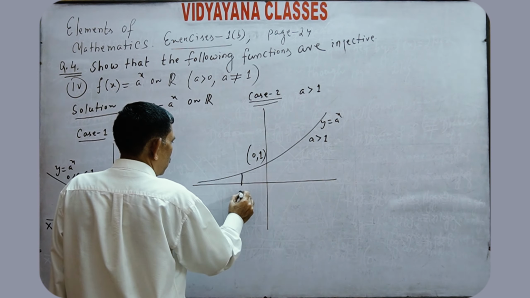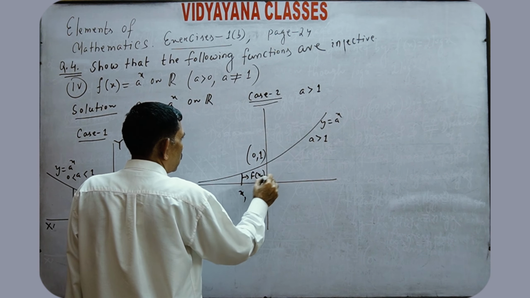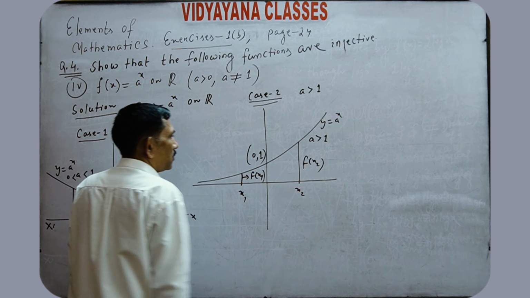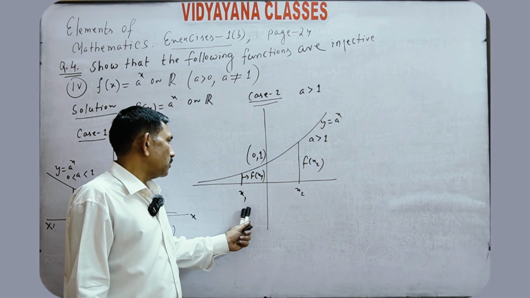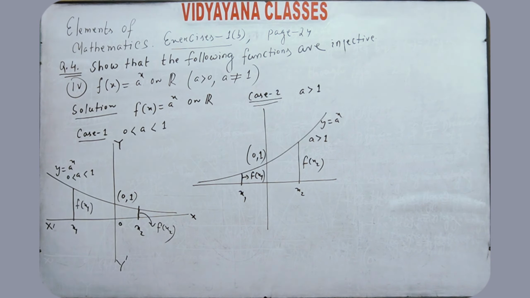It is x1, f(x1), x2, f(x2). x2 greater than x1, f(x2) greater than f(x1). It satisfies the definition of an increasing function. Every increasing function is 1-1.